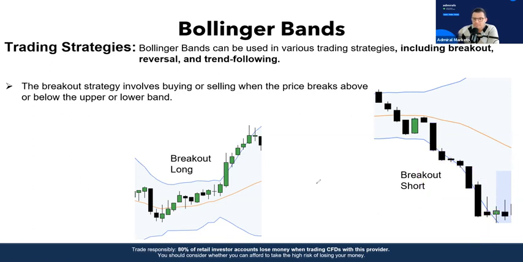Using a momentum indicator along with the Bollinger Bands breakout helps us validate if the breakout is a real breakout or false. Again, we don't have that crystal ball that says, okay, this is a valid breakout, this is not. We have a high probability of an event happening over another.